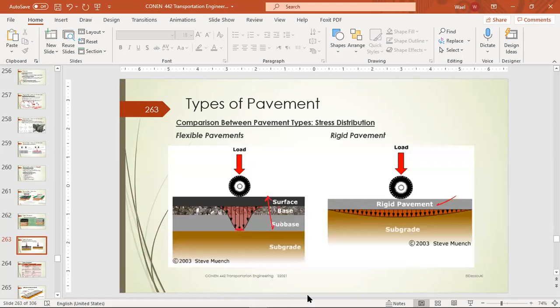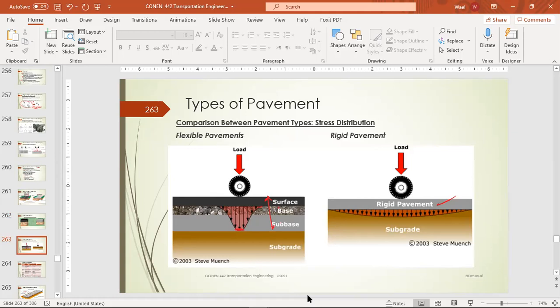For rigid pavement, as we can see, there is a difference. In flexible pavement, the stress is concentrated right underneath the load. But in the rigid pavement, it's distributed all over the slab.